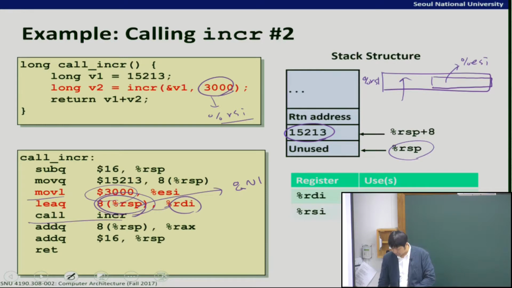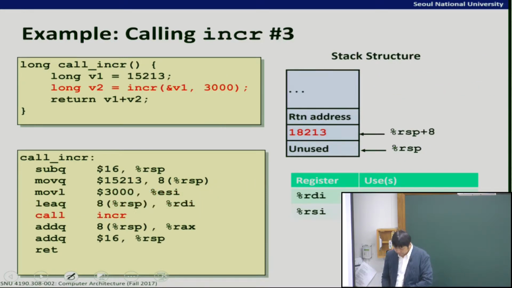Once you execute this function, you see the body of the function. It reads the value from the pointer, adds 3000 to it, and stores the result back to the location of V1, the pointer. After you execute this function, this value will be updated to the sum of the two original values, 15,213 plus 3,000, which is 18,213.